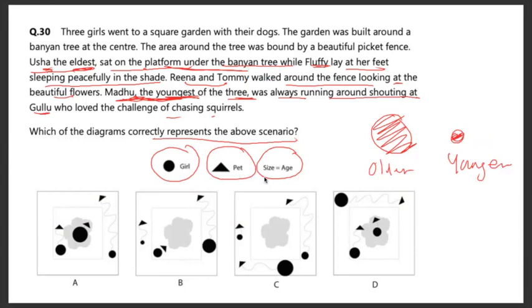The banyan tree is what is represented in gray. The oldest, meaning the biggest circle, has to be at the banyan tree, which means option A is the only one where the bigger circle is seated under the banyan tree. The smaller circle is moving around. That's where A will be the correct answer.